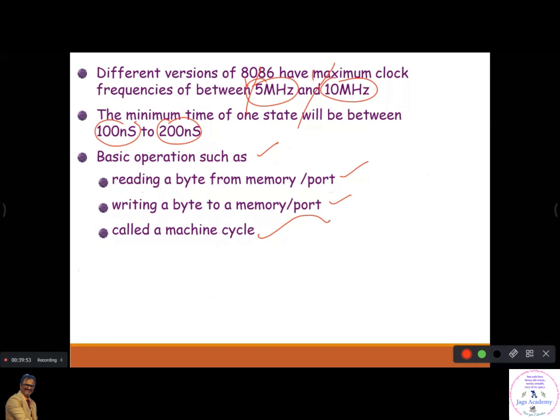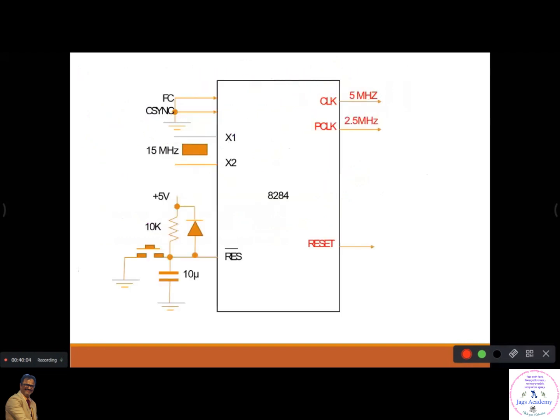So if you have understood what is instruction cycle, what is machine cycle, what is T states, let us go one by one and see how it is calculated. Before that, about clock signal. A clock is generated by a chip called 8284. It's a separate external chip. The clock signal you have seen in the laboratory is coming separately from some other place.